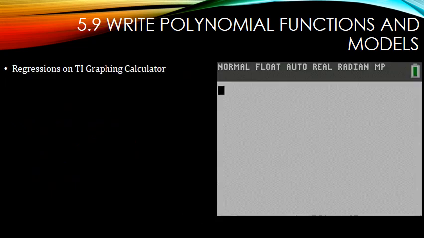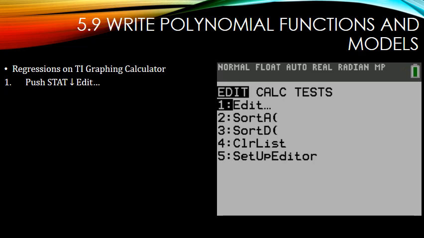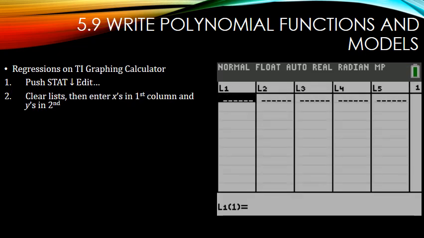Your calculator can also do regressions. You can push stat and then go down to edit. You enter x's in the first column and the y's in the second column.